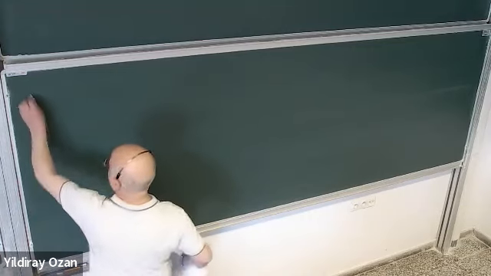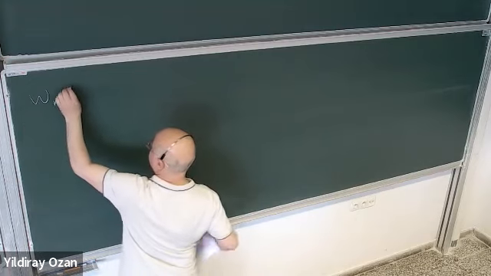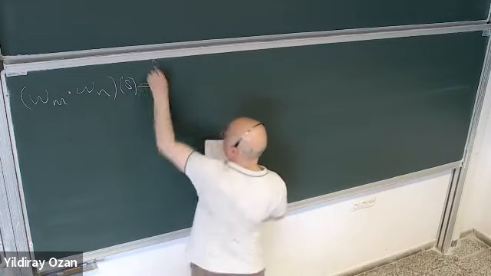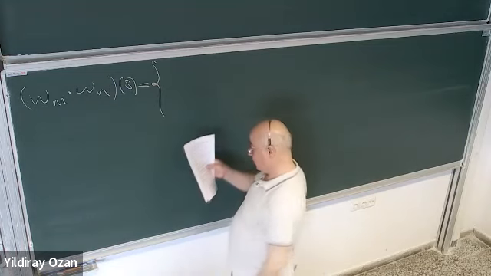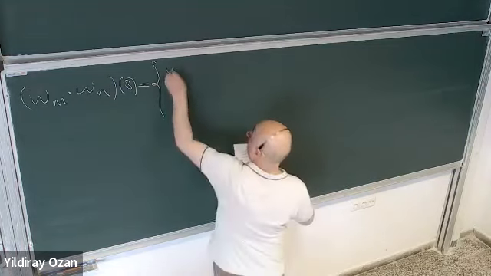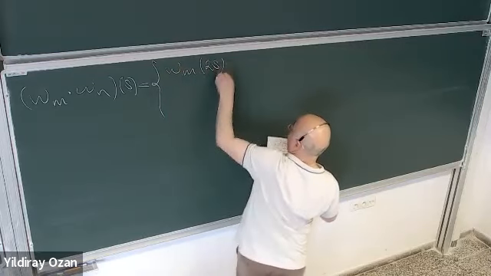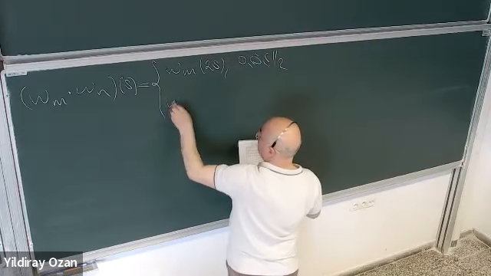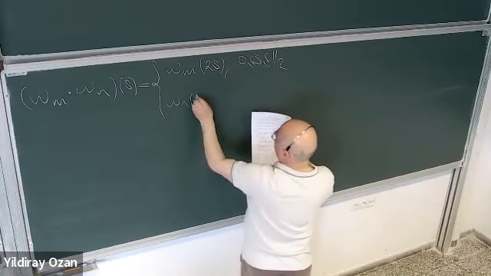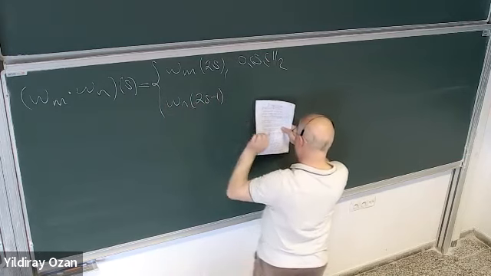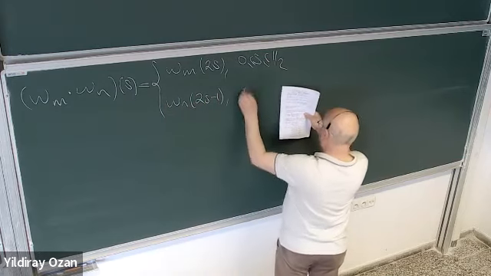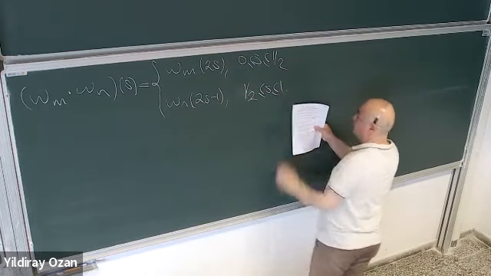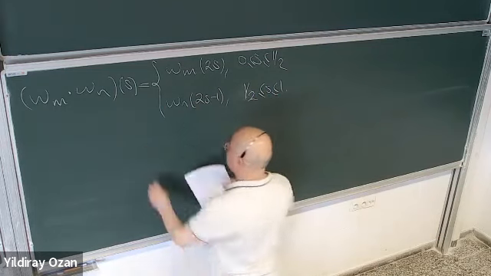Here, Wm dot Wn of s, the product of the paths, is this. It is just Wm of 2s if s is between 0 and 1 over 2, and Wn of 2s minus 1 if s is between 1 over 2 and 1.